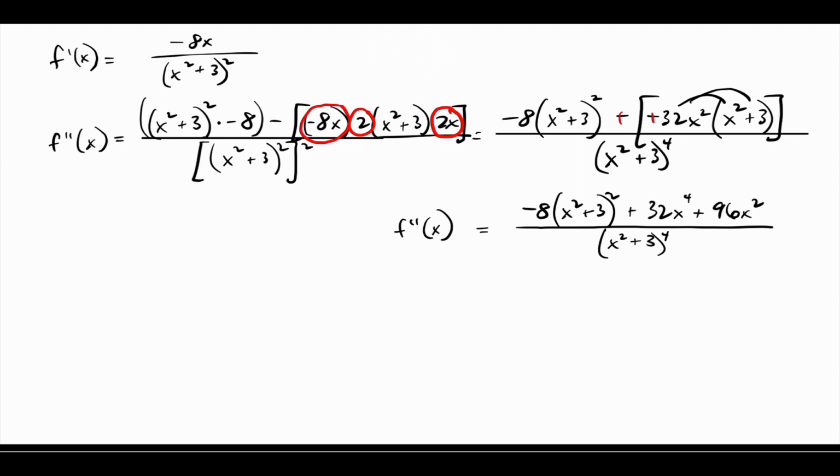So since this one has a numerator and a denominator, we're going to set each of those equal to 0. So over here, I'll set the top equal to 0, the numerator.